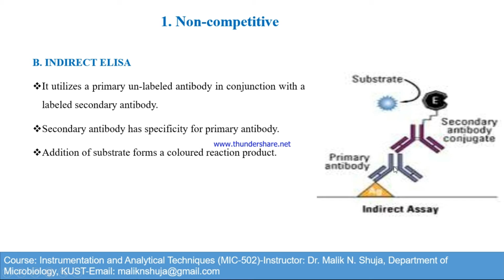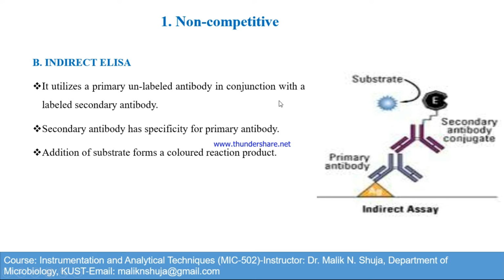The capture antibody is produced against this specific type of antigen. For recognition of the primary antibody, we use the secondary antibody, which is a modified antibody linked with an enzyme. After the addition of substrate, the enzyme converts the substrate into the final product, and the OD may be measured using the ELISA plate reader.